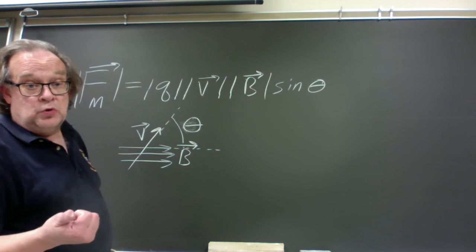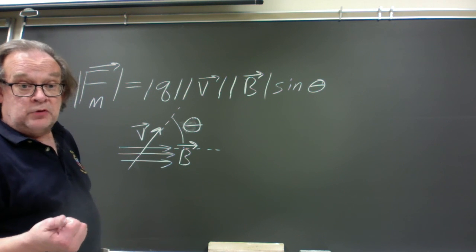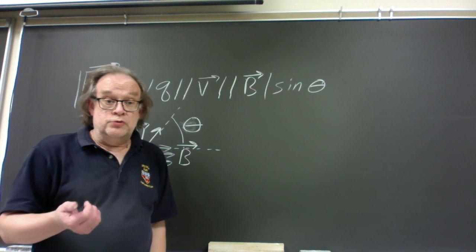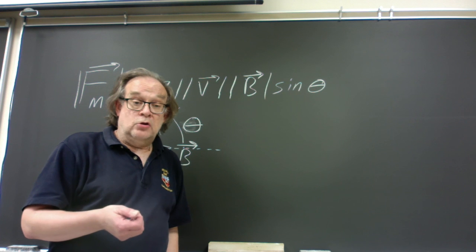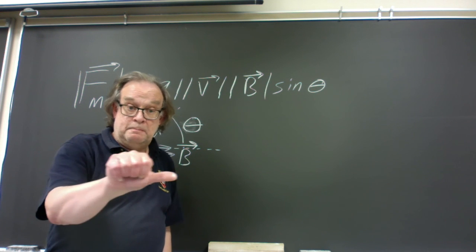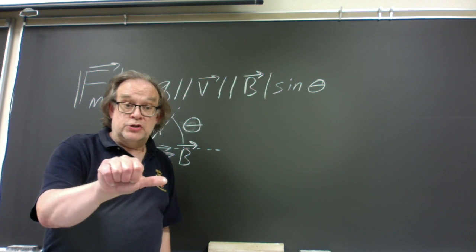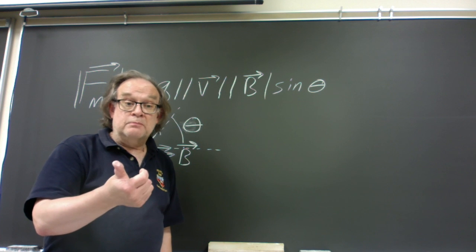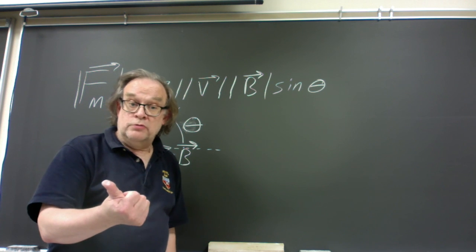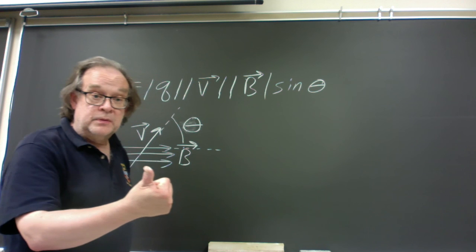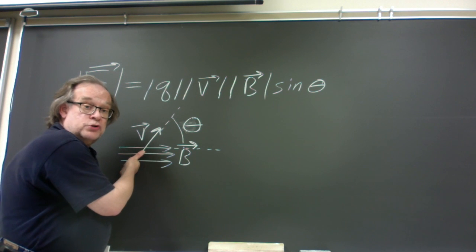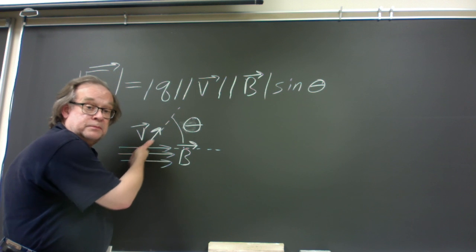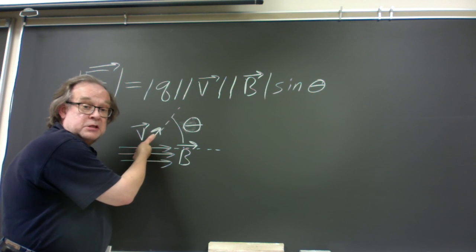So remember, we had this rule last time for finding the direction of a field caused by a long straight wire. We started by pointing our thumb in the direction of the current. This time, we do something similar for a start. We take our thumb and point it in the direction of motion for the charged particle, the direction of velocity.